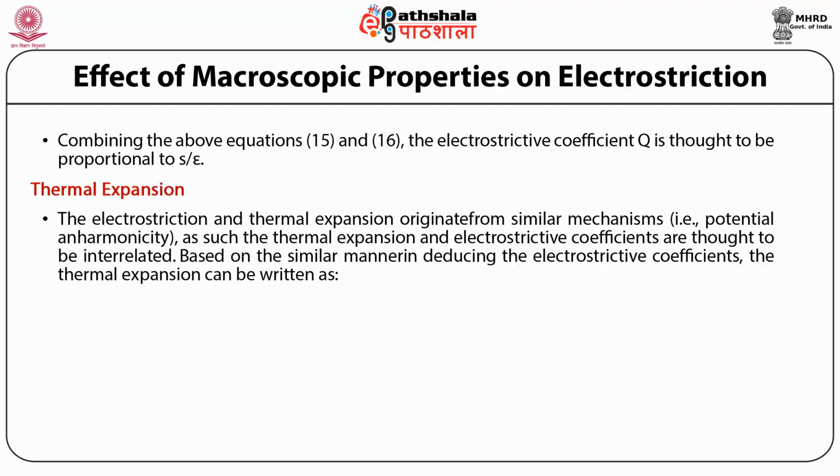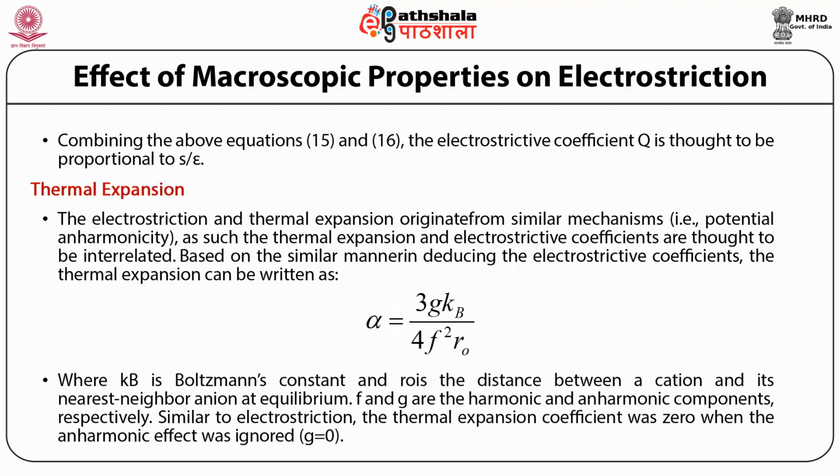Based on the similar manner in deducing the electrostrictive coefficients, the thermal expansion can be written as alpha is equal to 3 G kB divided by 4 F square r naught, where kB is the Boltzmann's constant and r naught is the distance between a cation and its nearest neighbor anion at equilibrium.